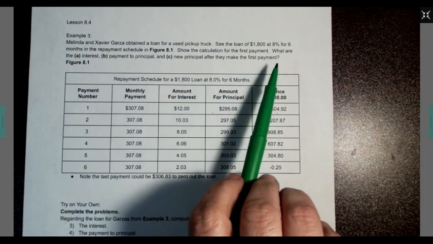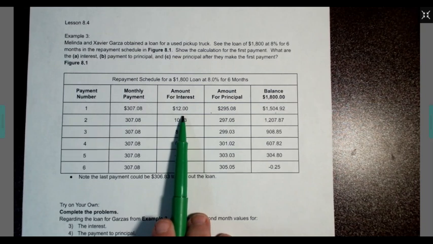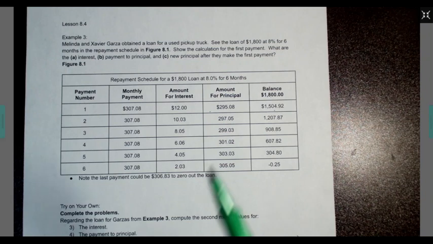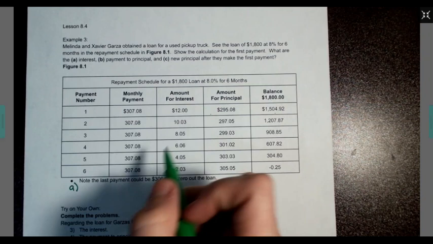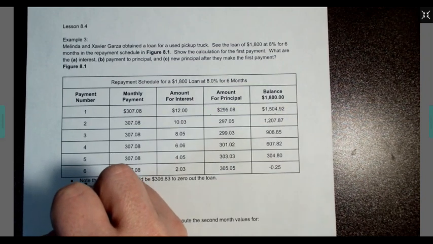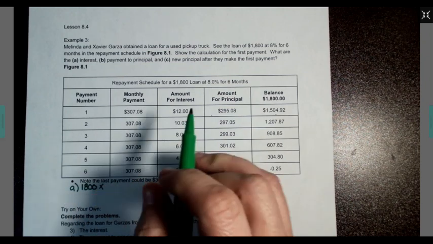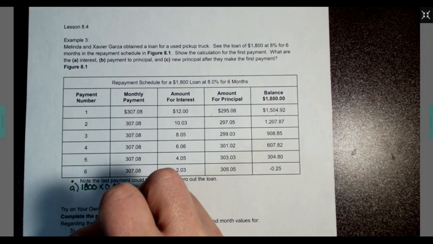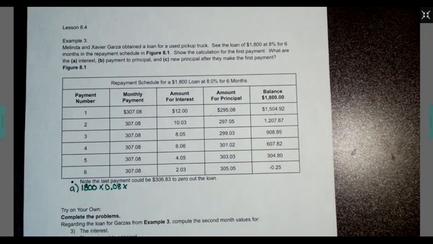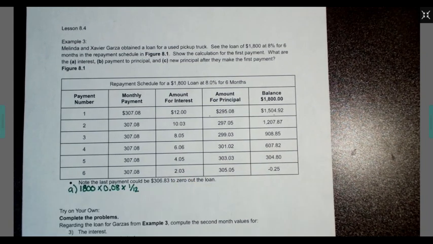It asked us to find the interest. Well, I know that the interest for the first month is $12, but the question is, how did they get that interest? So let's talk about that. They would have taken the amount of the loan, our balance, $1,800, and multiplied it by our 8%, so 0.08, and multiplied that by 1/12, because there are 12 months in a year.